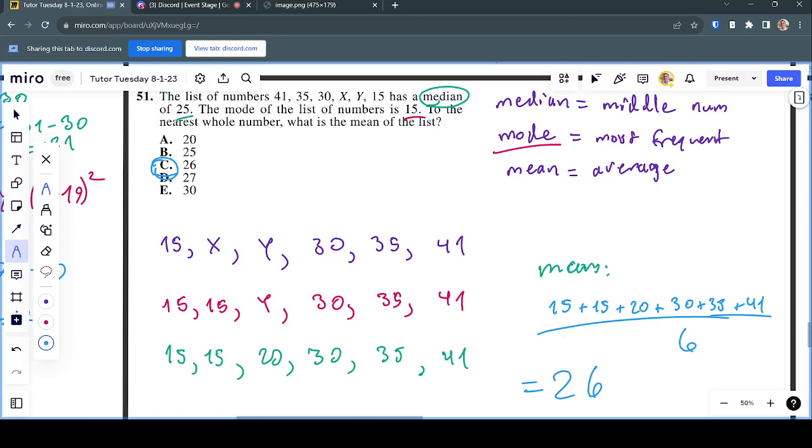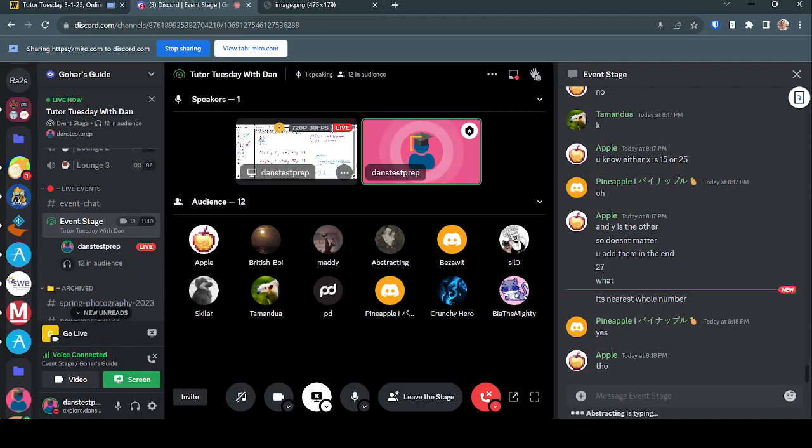So we have 15 plus 15 plus 20 plus 30 plus 35 plus 41 divided by 6. I am still getting 26.